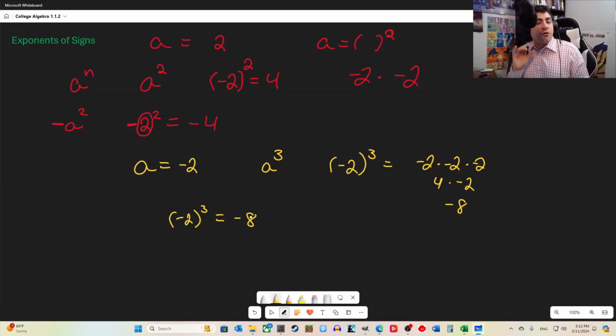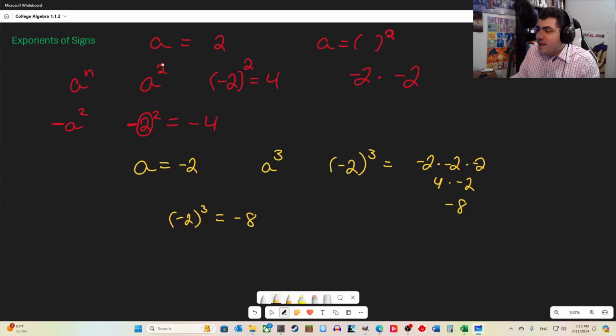So if you have a third power and your number is a negative number, you're going to end up with a negative number. But if you have a second power, you're going to have a positive number. This follows for all exponents.